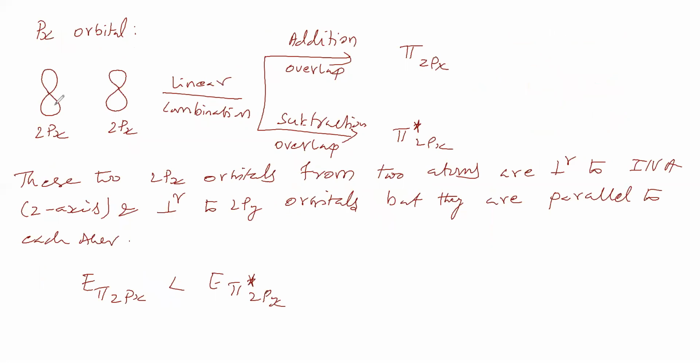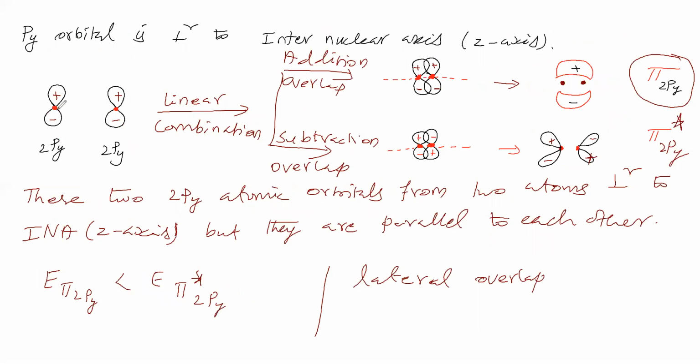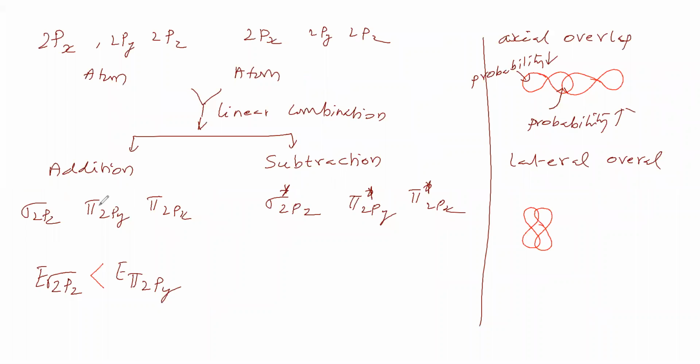Now 2px orbitals undergo linear combination to give pi 2px and pi star 2px, with lateral overlapping. Then 2py atomic orbitals undergo linear combination to give pi 2py and pi star 2py. What we are discussing now is pi 2px and pi 2py.